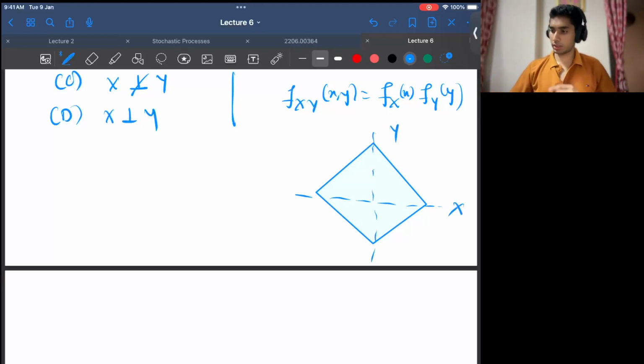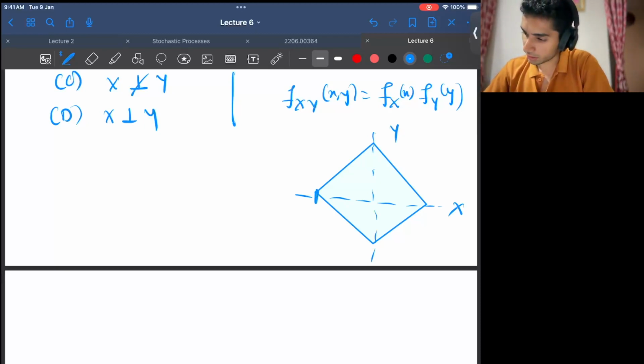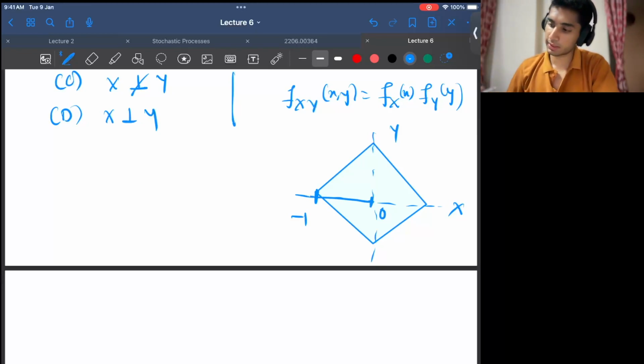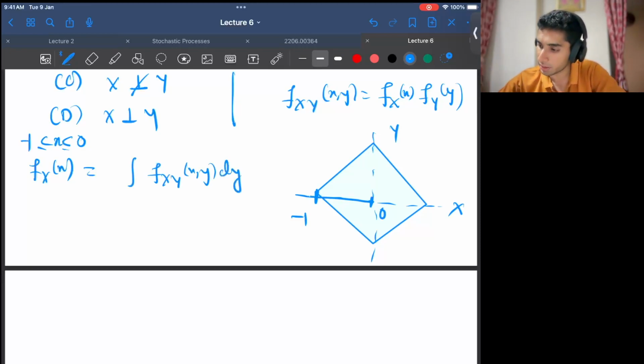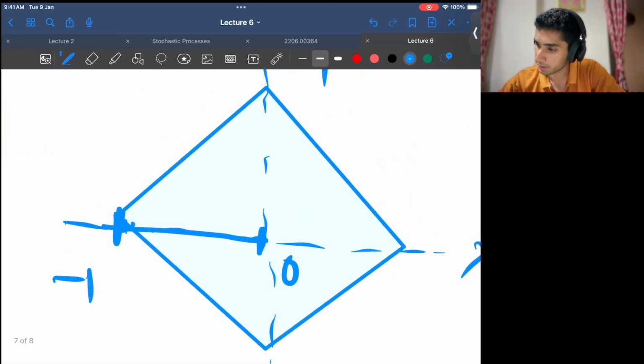When x is between -1 and 0, in this region, what is the distribution of x? f_X(x) when x is between -1 and 0 will be the integral of f_XY(x, y) dy. This is just marginalizing out y, but what will be the limits of y? Look at this figure.